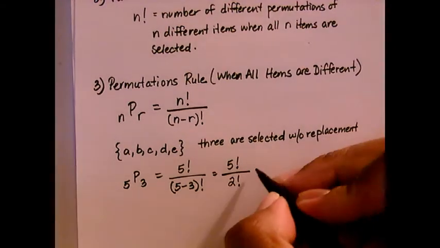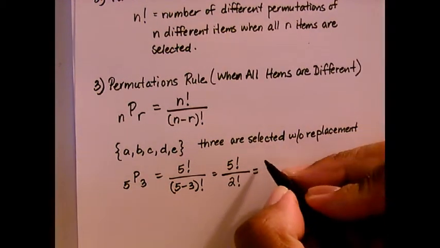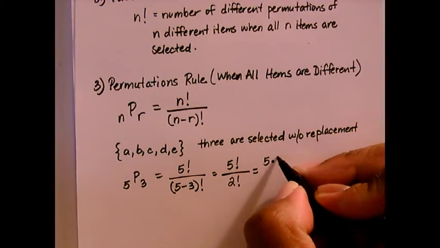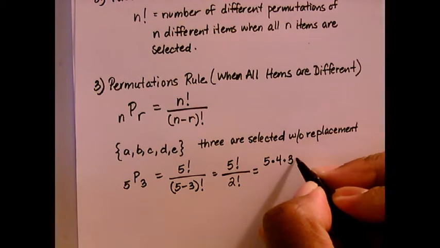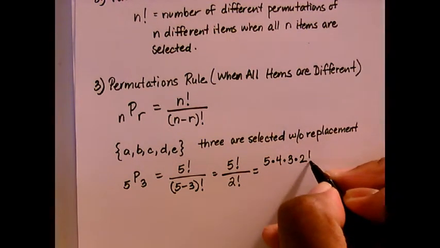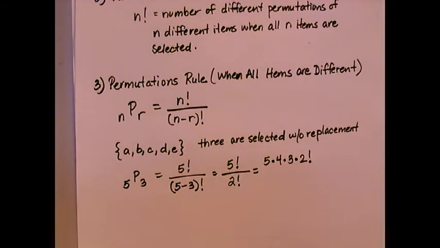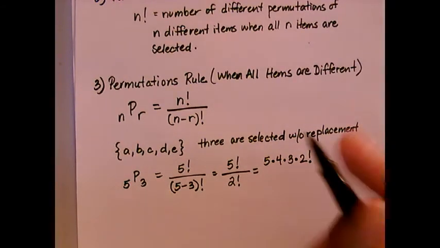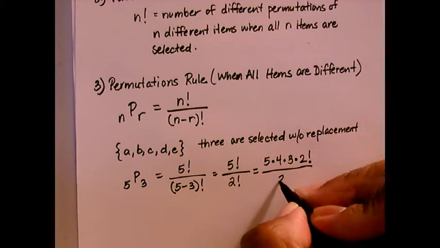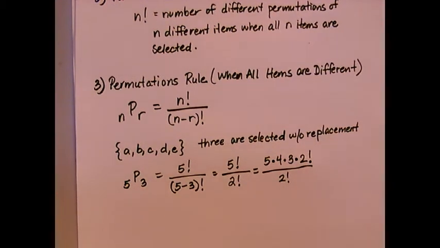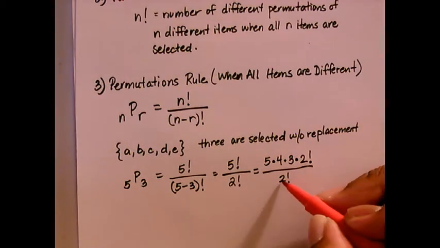Now, if I simplify this, I'm going to expand 5 factorial as 5 times 4 times 3 times 2 factorial. And I'm stopping at 2 factorial because if you notice, in the denominator, I have 2 factorial. And with that, I can divide out the 2 factorials.